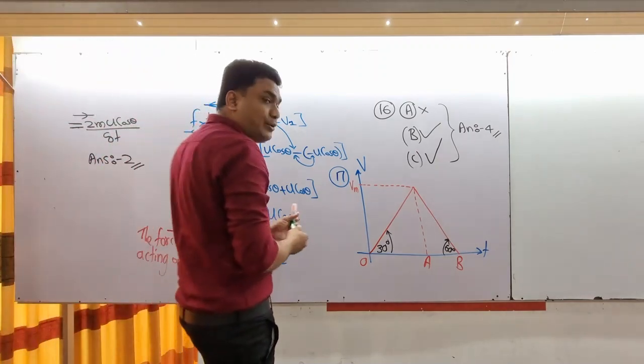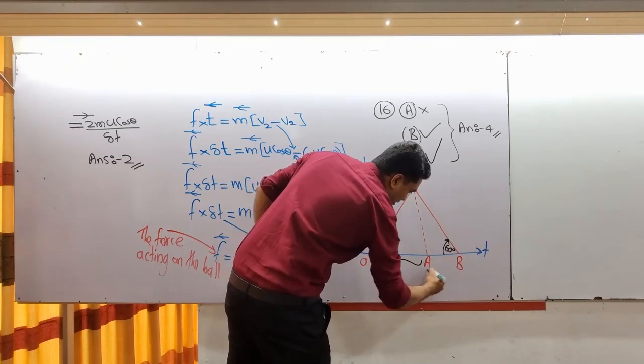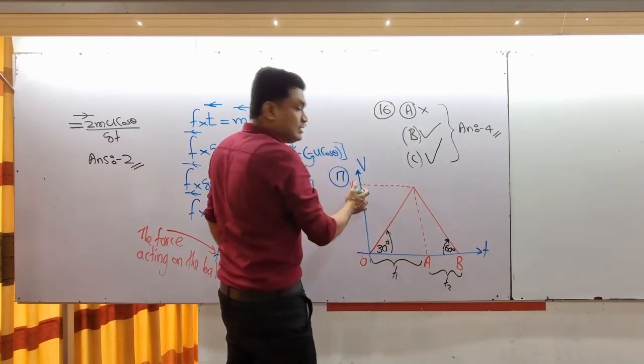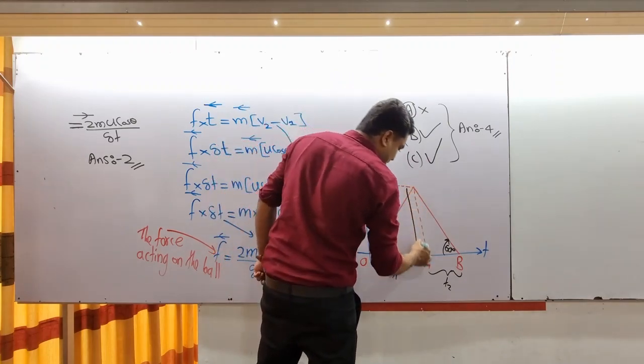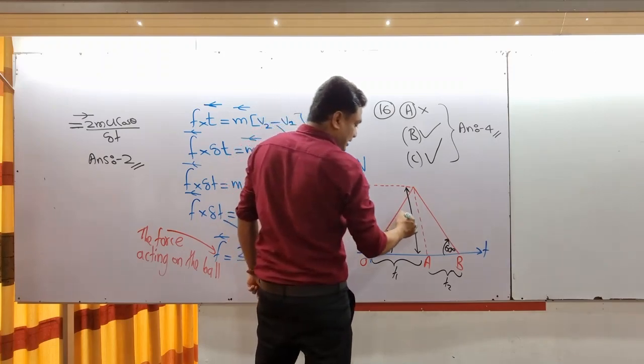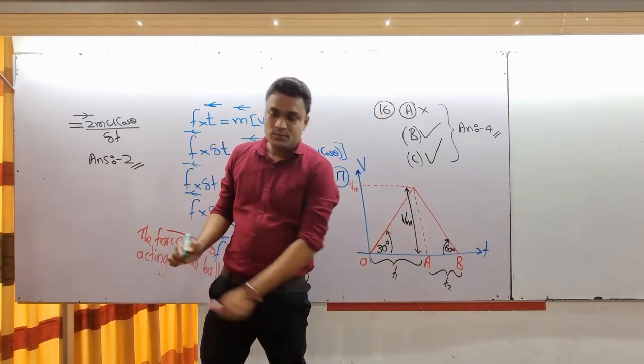Mark the time durations as T1 and T2. If this is Vm, what should be this height here? This is 0, this is Vm. Therefore, this height should be Vm. Mark Vm, T1, T2.